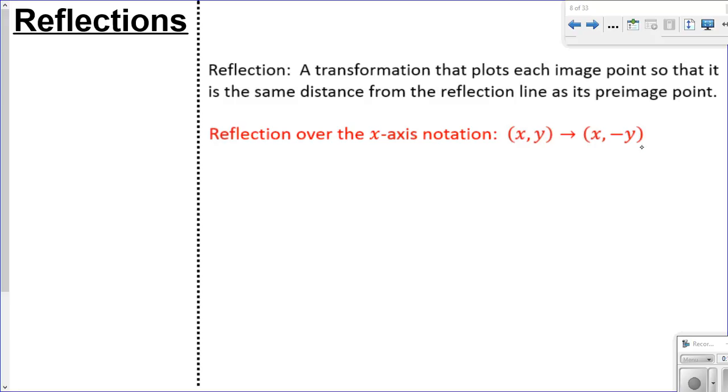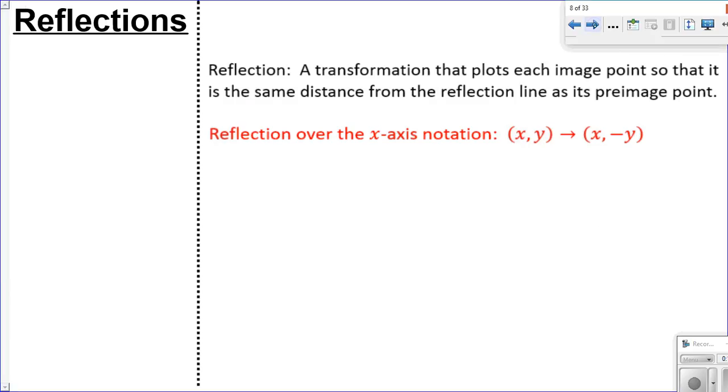So that's why this notation is the same. Now, this is not like translations, where the notation changes based on the problem, so right two, left two, up, down, all that kind of stuff. Whereas for the reflection over the x-axis, this is always what it's going to be. The x stays the same and y changes to its opposite. And how I remember it is that if we're reflecting over x, that doesn't change. It's the other one that changes.